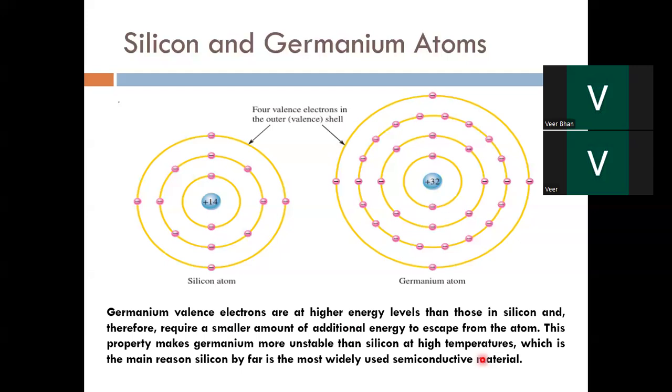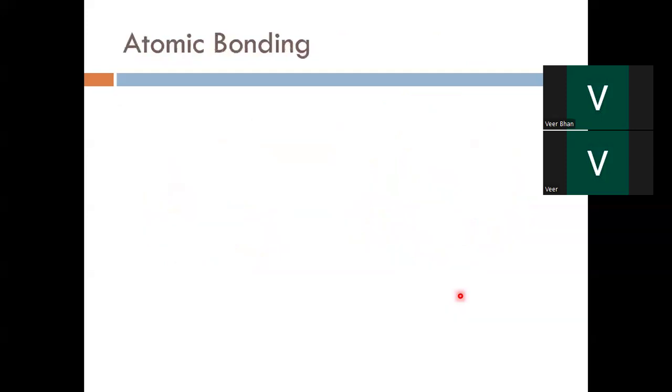Now, when we are clear with this, let's start with the atomic bonding of silicon. Silicon has 4 electrons in its outermost shell, which we can call valence electrons.